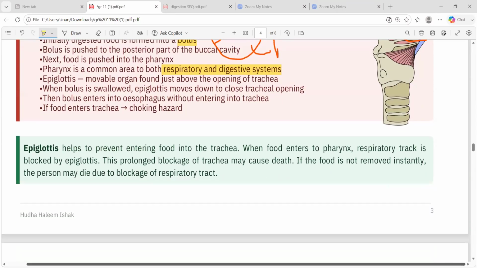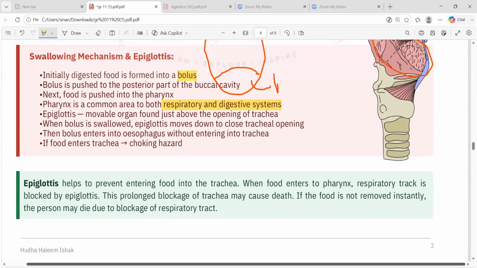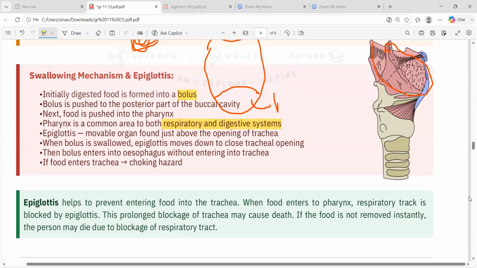Now, in case this door has a small opening and the food has entered the respiratory tract, we will have a cough, like when we cough during eating. This is due to the entry of the food into the respiratory tract. We call this process choking.